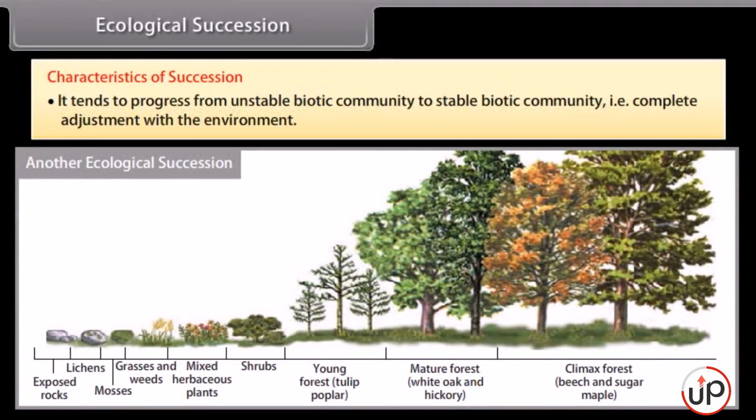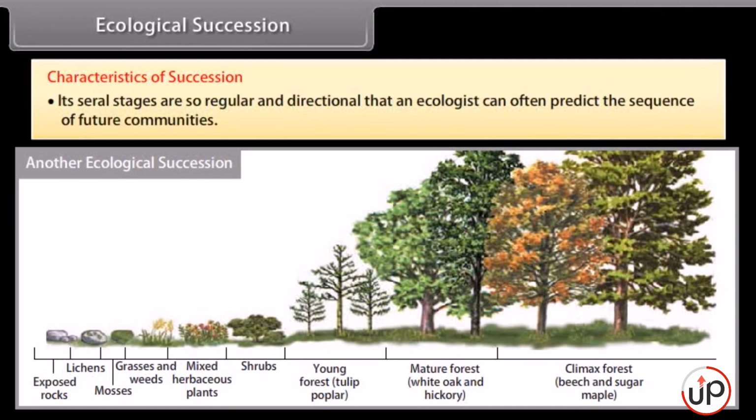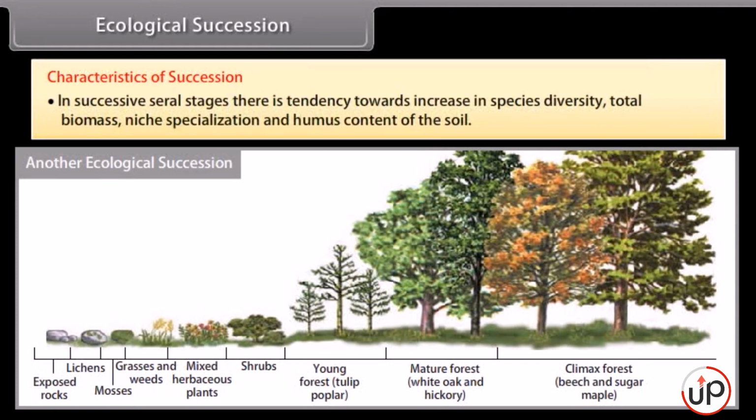Characteristics of succession. It tends to progress from unstable biotic community to stable biotic community, that is, complete adjustment with the environment. Its seral stages are so regular and directional that an ecologist can often predict the sequence of future communities. In successive seral stages, there is tendency towards increase in species diversity, total biomass, niche specialization, and humus content of the soil.